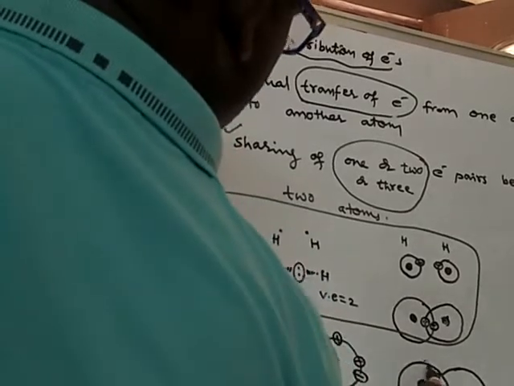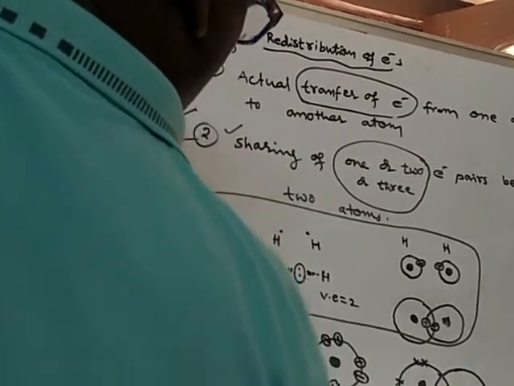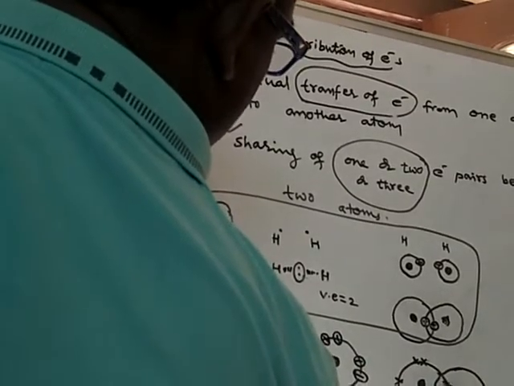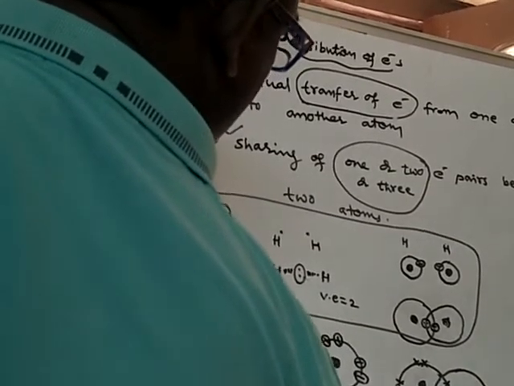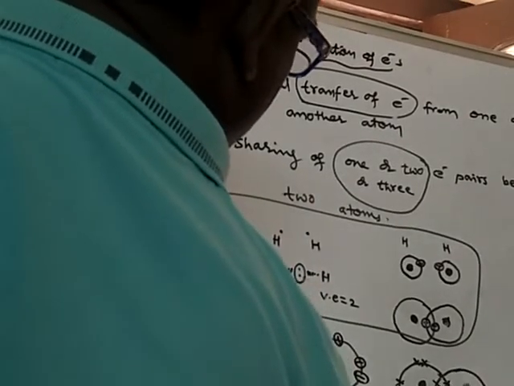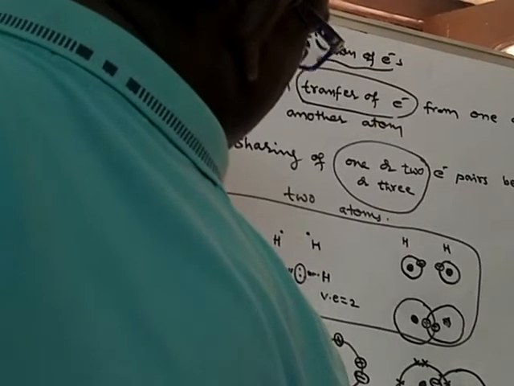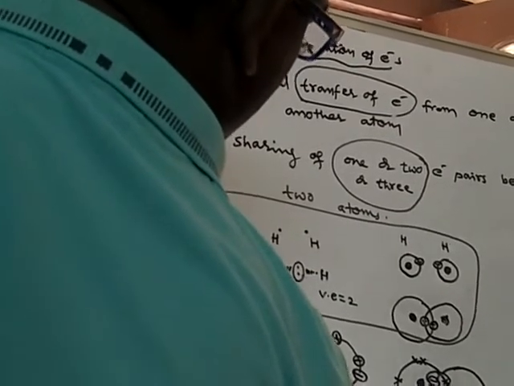So this oxygen atom is having two pairs of electrons, and even these two electrons. These two electrons will form a pair and these two electrons will form a pair.